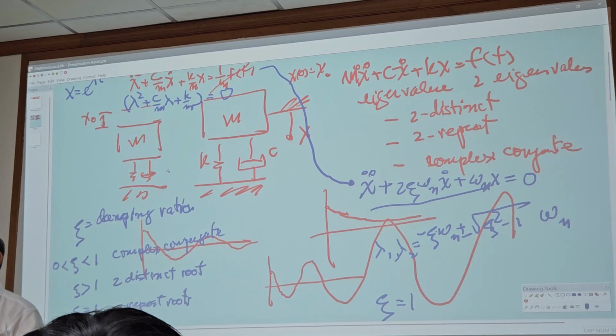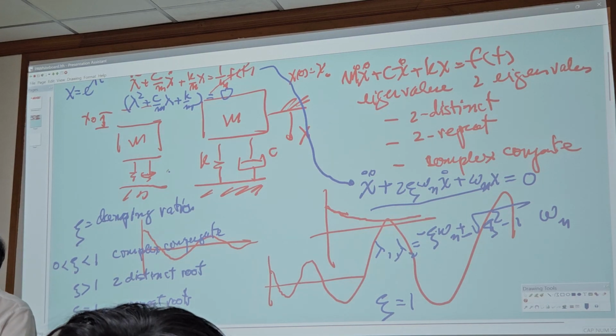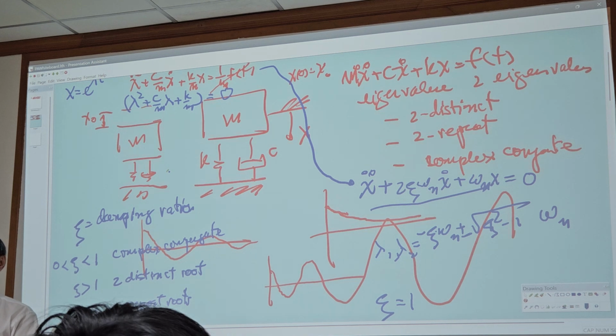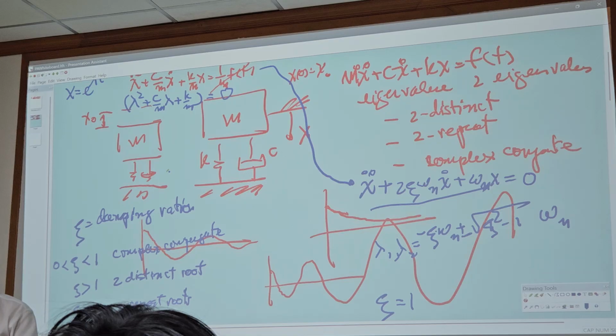See? Okay. So any building with no external input will be static, right? It stands there without any collapse.